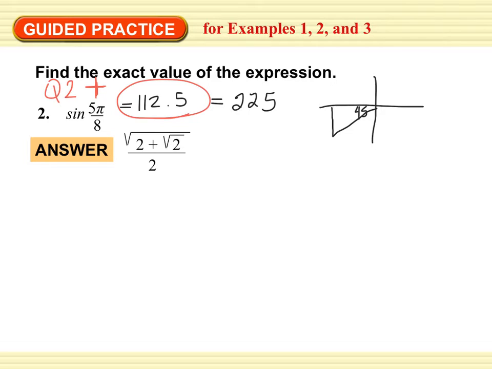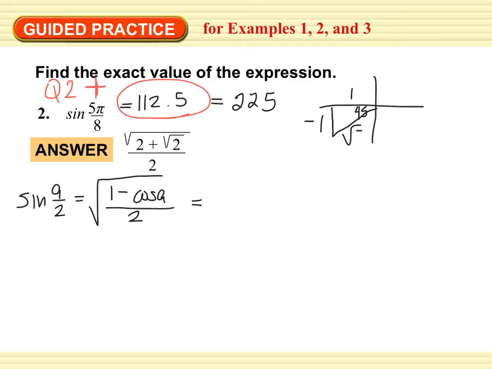Let's go ahead and use our formula, which I have to look up again. Sine A over 2 is, we're doing positive, square root of 1 minus cosine A over 2. So 1, 1, negative 1, square root 2.